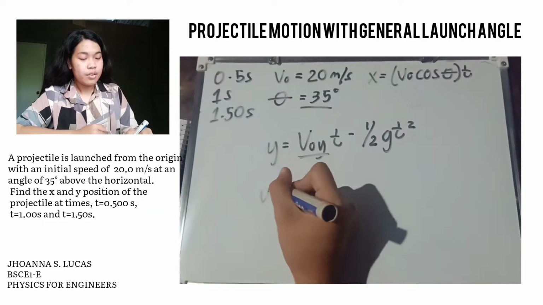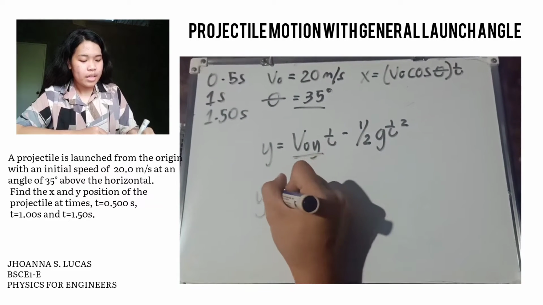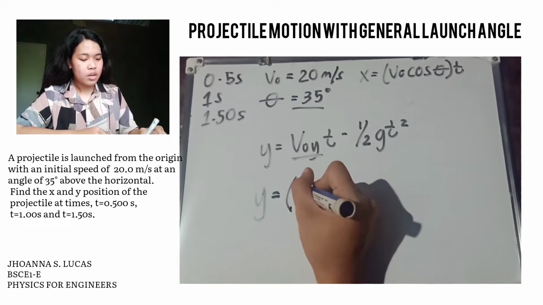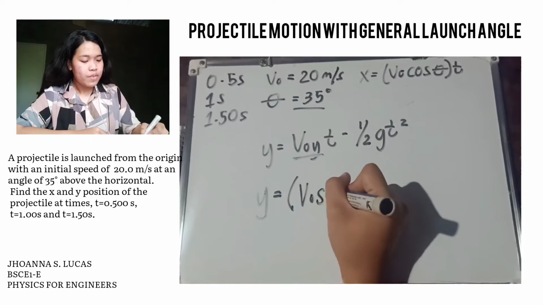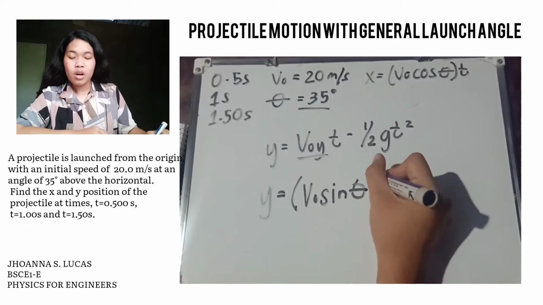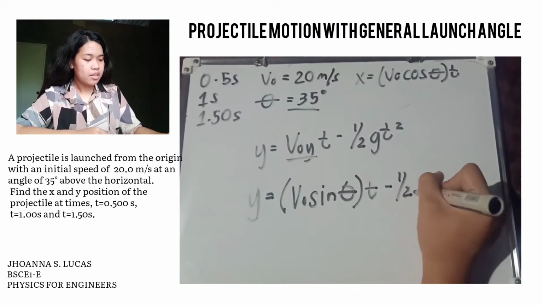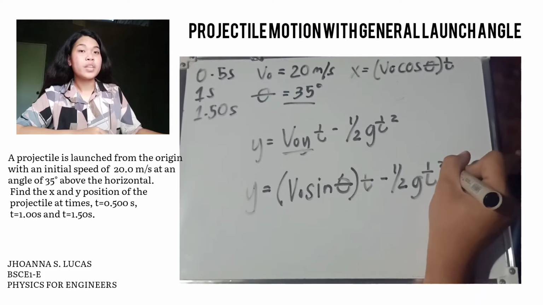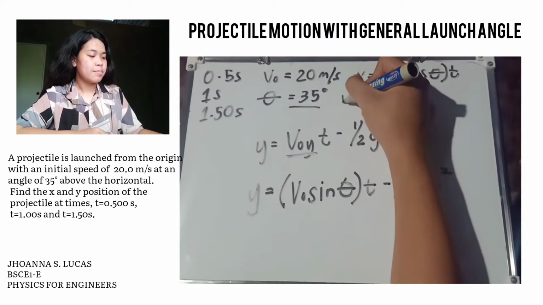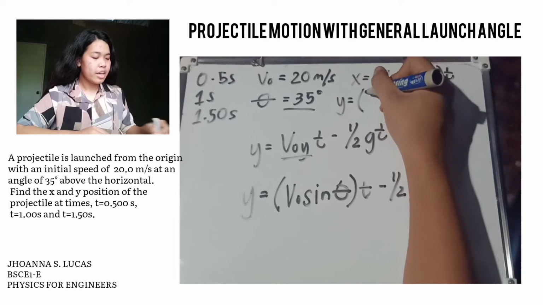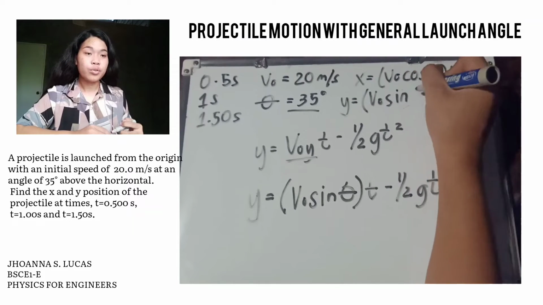So, our equation for y is now equal to v sub o sine theta times t minus 1/2 times g times t squared. So, here is our equation for our y.